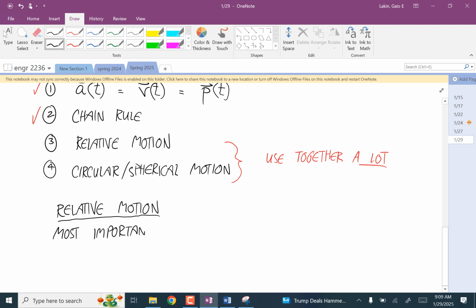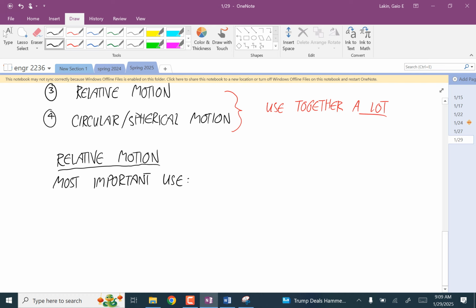We'll do this a lot. And this is for using coordinate systems with accelerating origins.